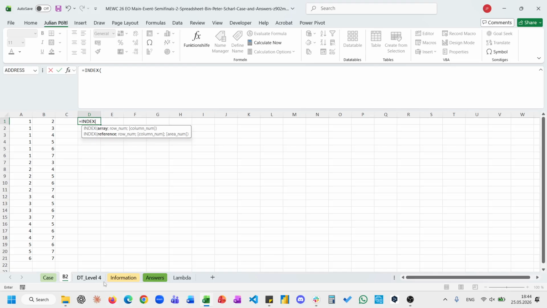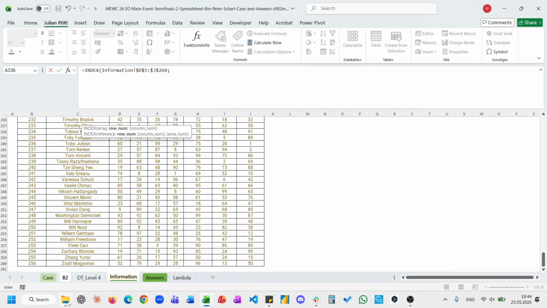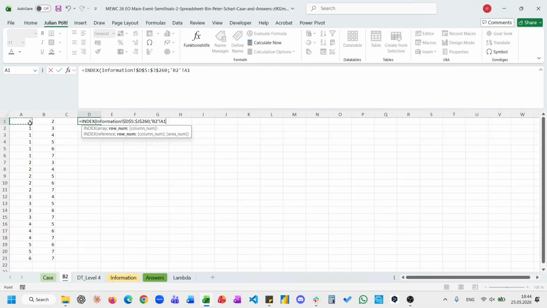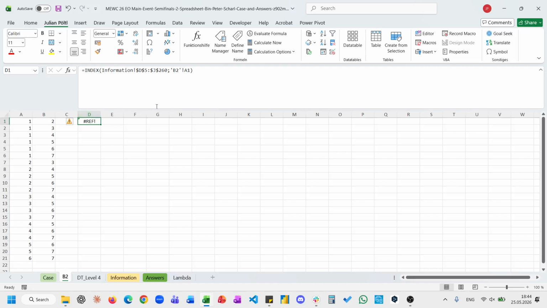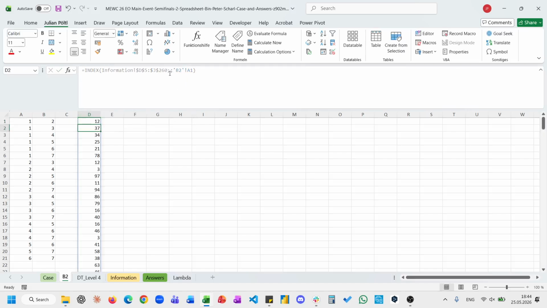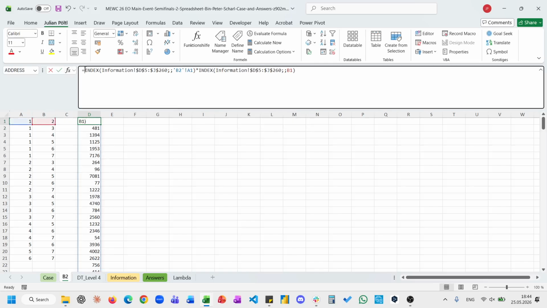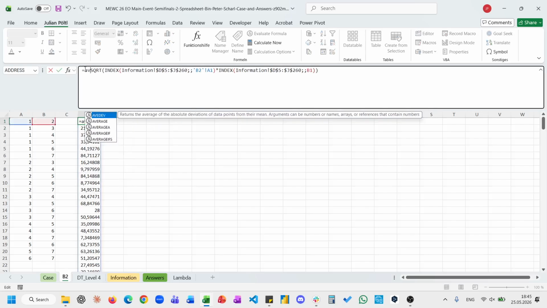INDEX. Row number is given. No, whole column. Row number is given. Multiplied with this. Square root. Average.